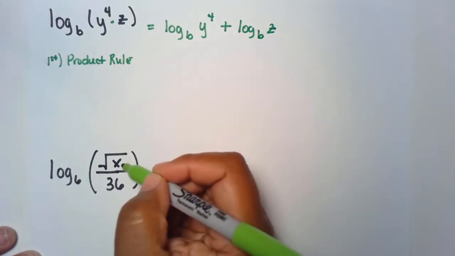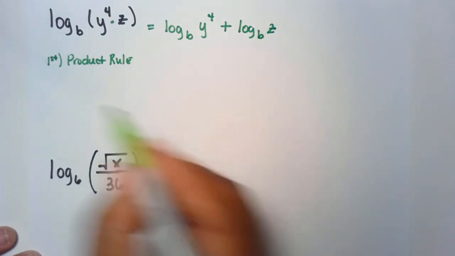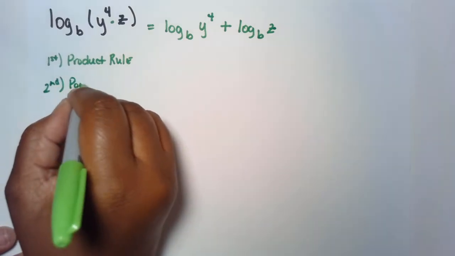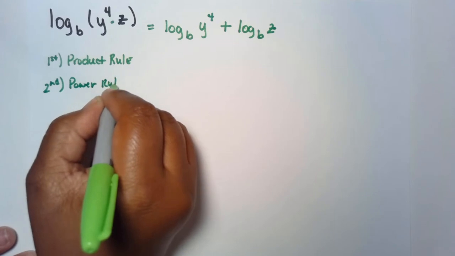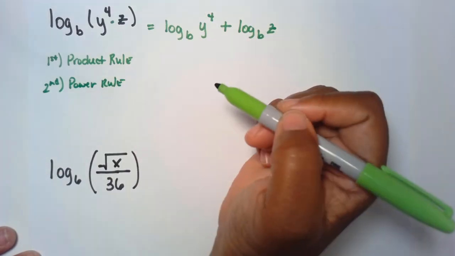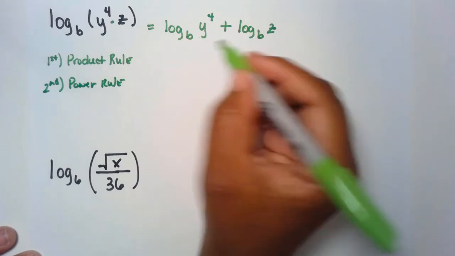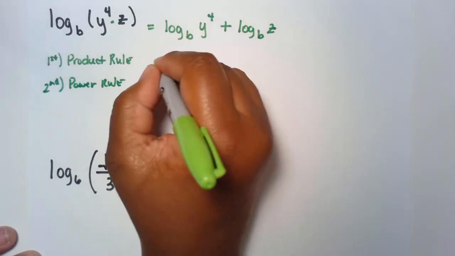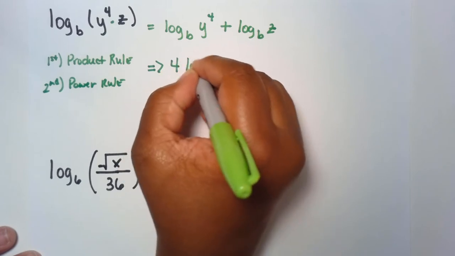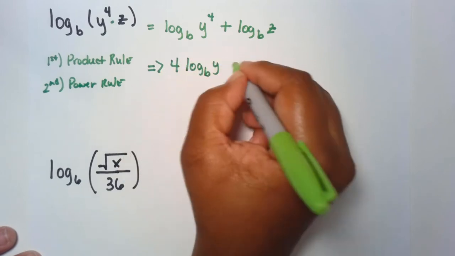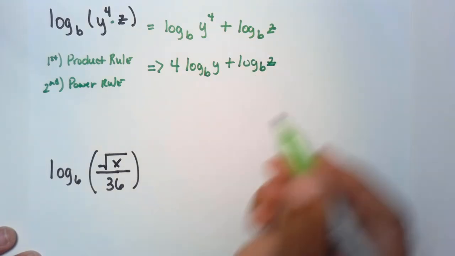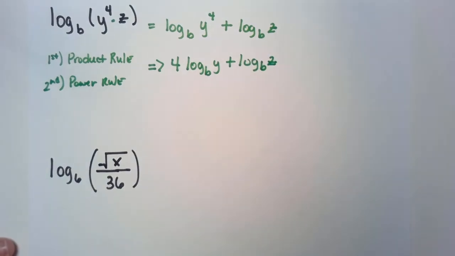We use the product rule where we're going to add, and then secondly, we're going to use the power rule for the first log, where we take the 4 and bring it in front of the log base b of y. So our solution is 4 times log base b of y plus log base b of z. And there we go.